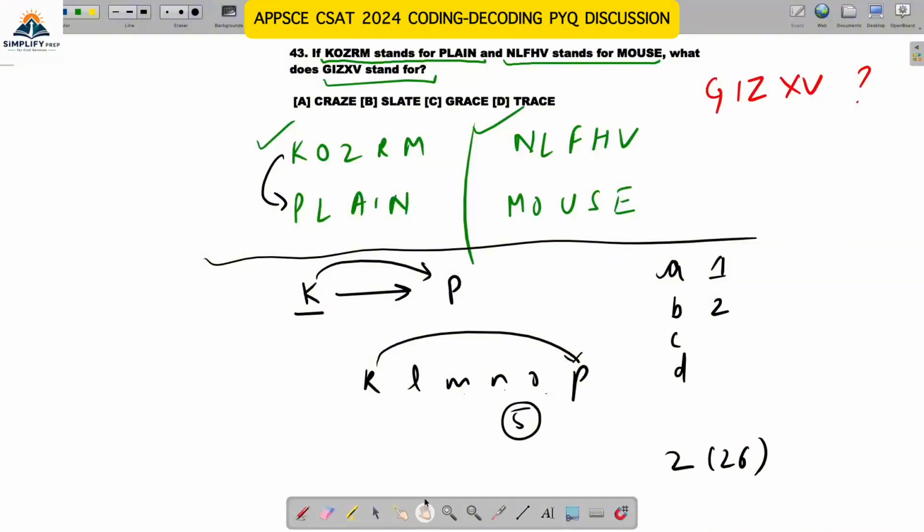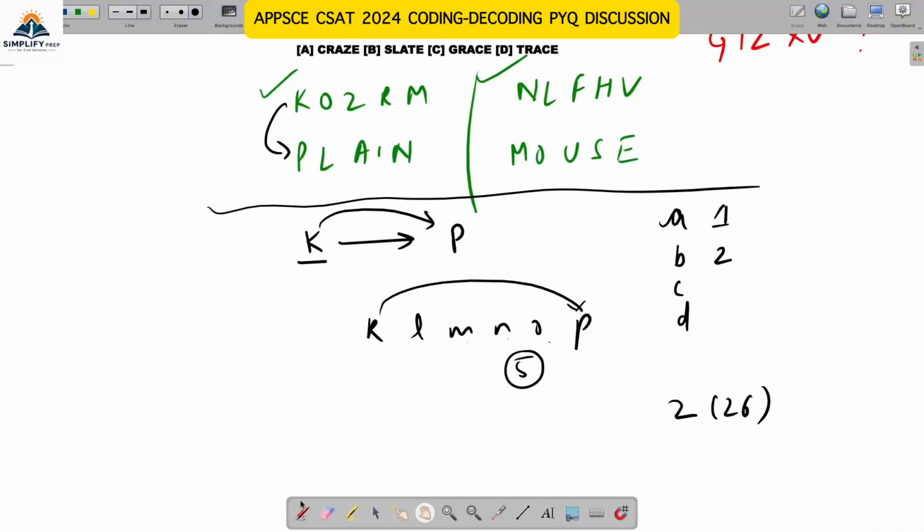But if I come to the next letter, that is O to L, then here it is reversing. So that cannot be the case, that at one place there is a jump of +5, and at another place there is a jump of -3.